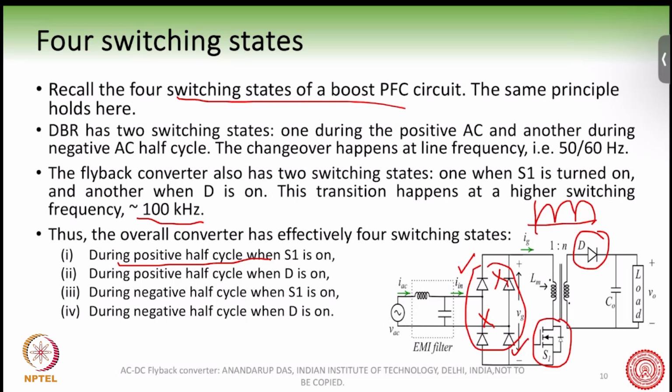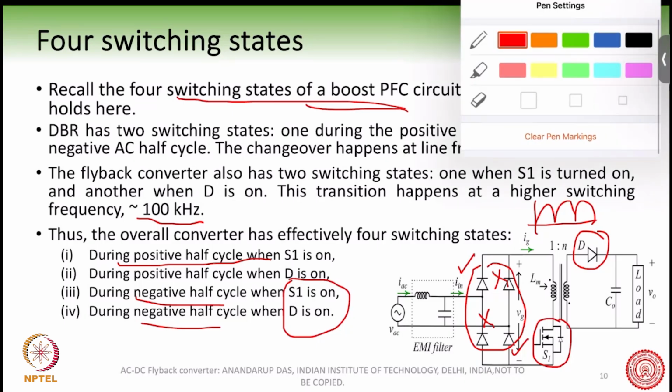Similarly, during the negative half cycle of AC, which becomes a positive half cycle after rectification, again both conditions are possible, S1 on and D on. So the converter basically has four switching states, very similar to what we had studied in a boost PFC, right? In this case, we have a very high switching frequency.